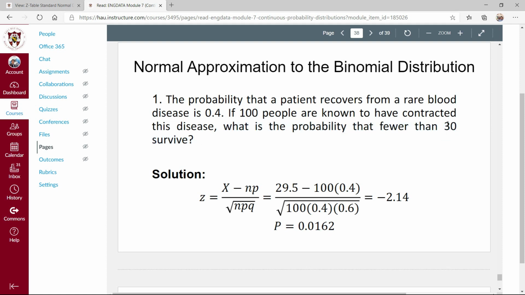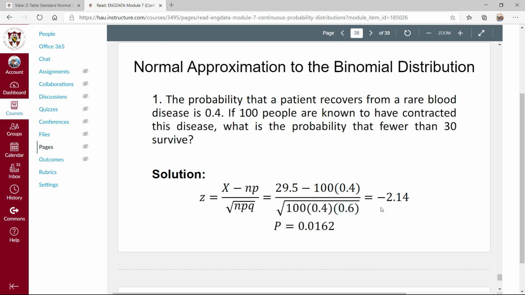Okay, so you'll have the upper boundary for X, 29.5 minus NP, where N is 100 and the probability of success is 0.4. Then the standard deviation is the square root of N, which is 100, multiplied by P, 0.4, and Q, which is 1 minus P, which is 0.6.